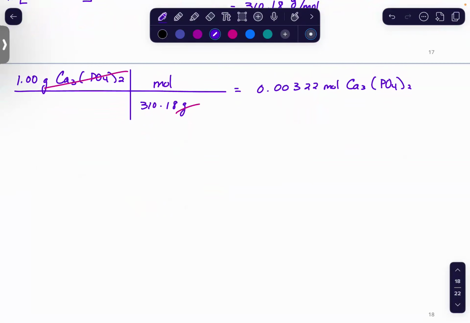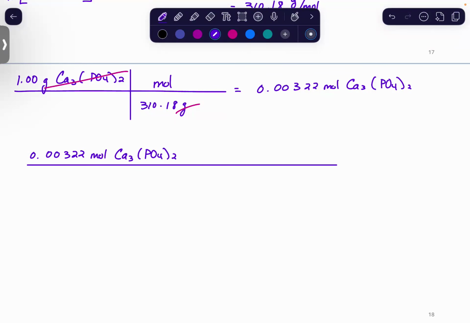Okay, so then 0.00322 moles. And this is where I use Avogadro's number. And so I know that I have 6.022 times 10 to the 23rd molecules in 1 mole of calcium phosphate molecules.